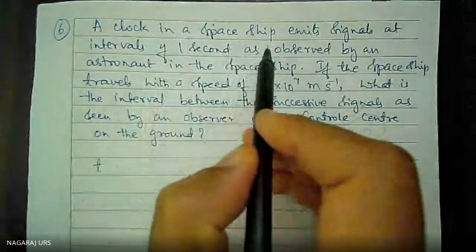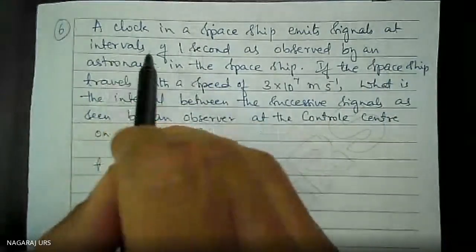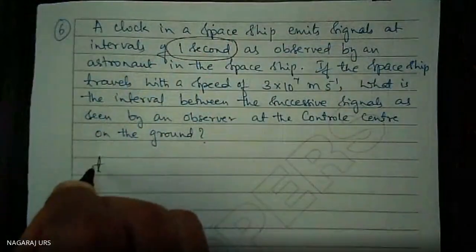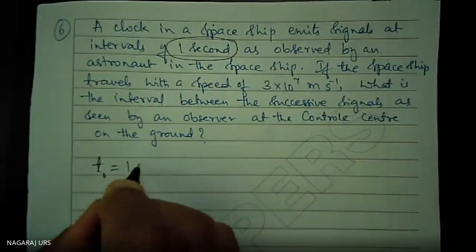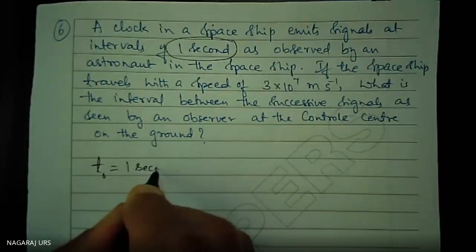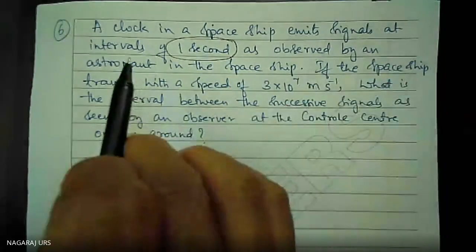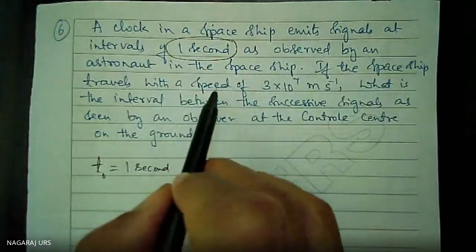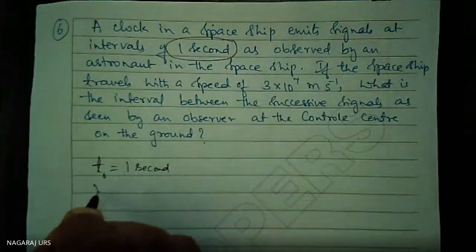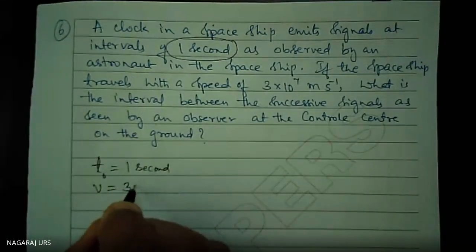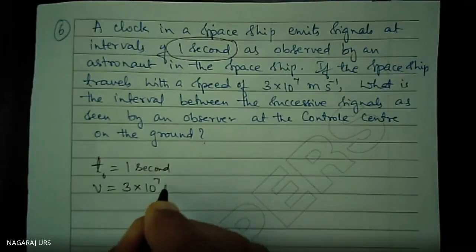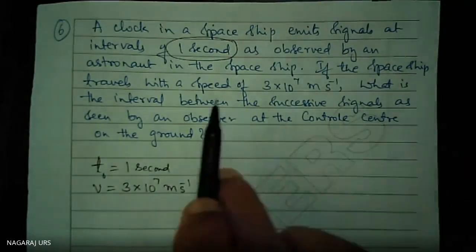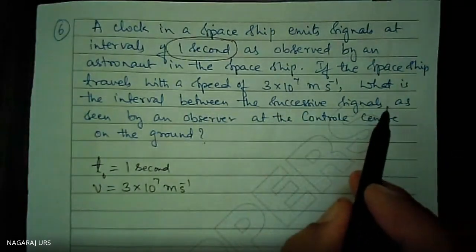A clock in a spaceship emits signals at intervals of 1 second. So here T0 is equal to 1 second, as observed by an astronaut who is present in the spaceship. If the spaceship travels with a speed of 3 into 10 to the power 7 meter per second, then what is the interval between the two successive signals, between the two events?